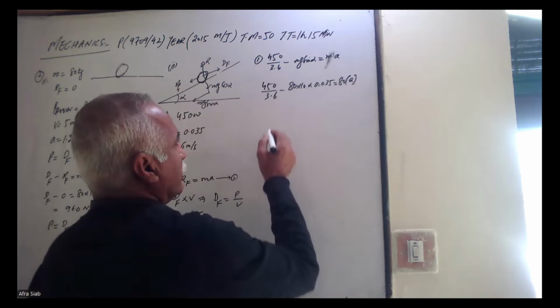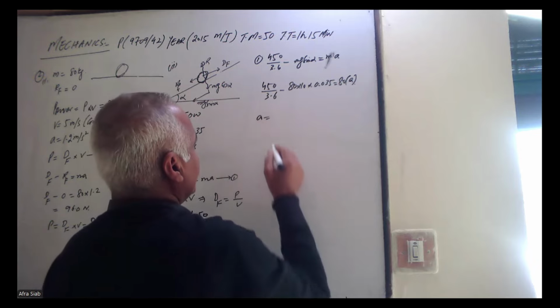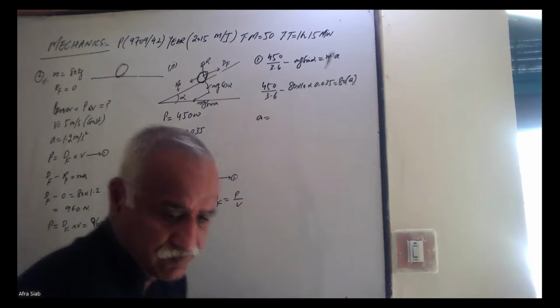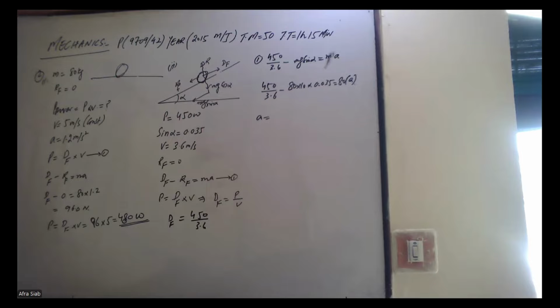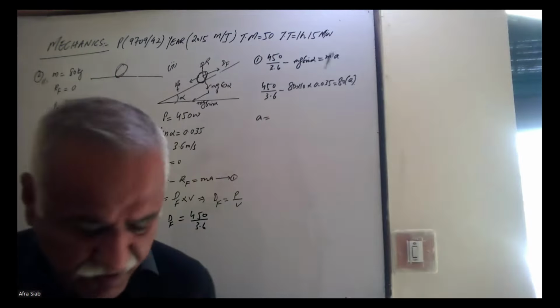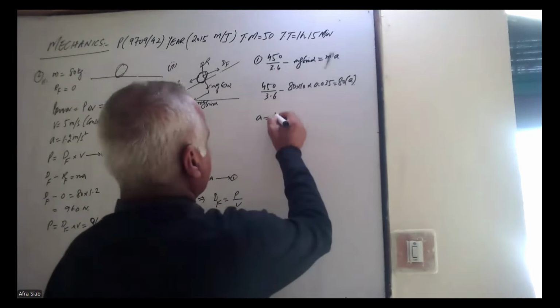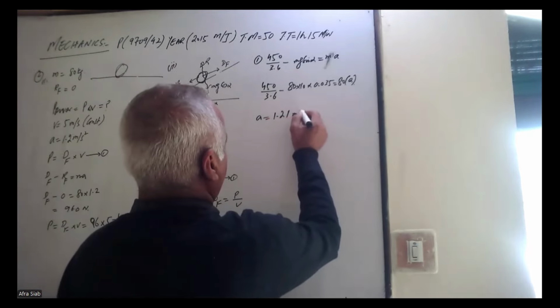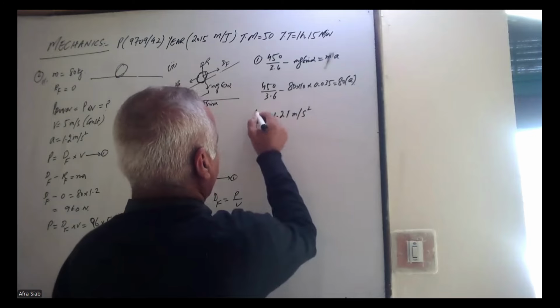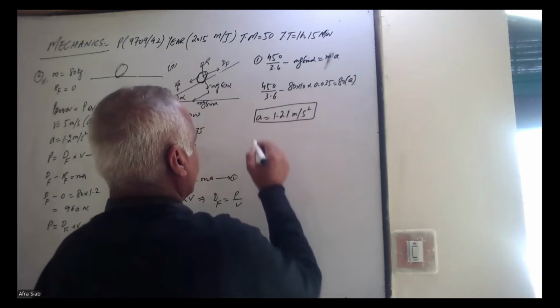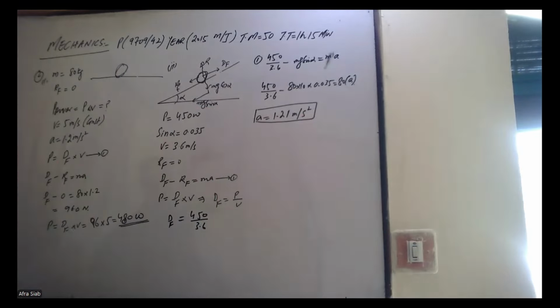So we can calculate the value of a is equal to 1.21, and the units for this one is meter per second square. So this is the second part of that question, which is used in this part there.